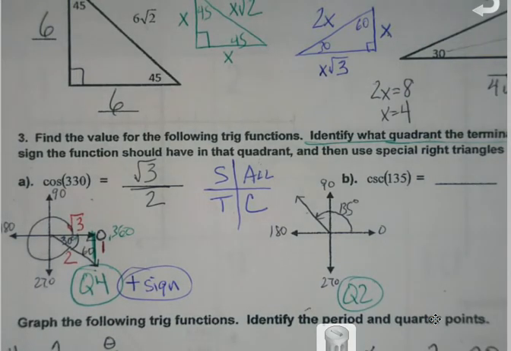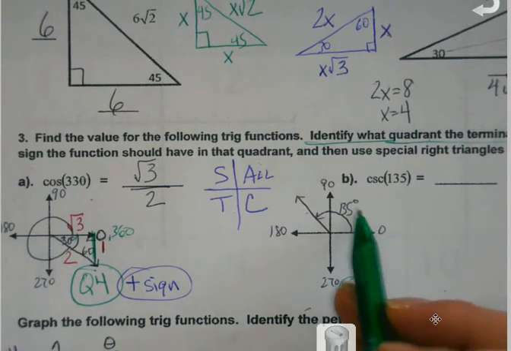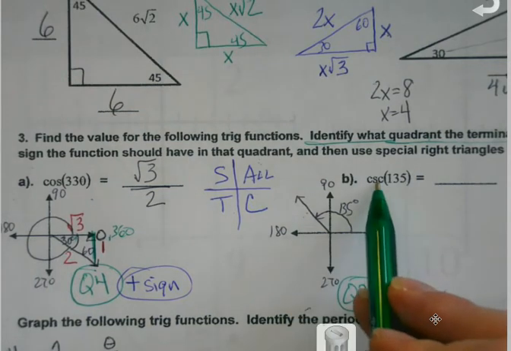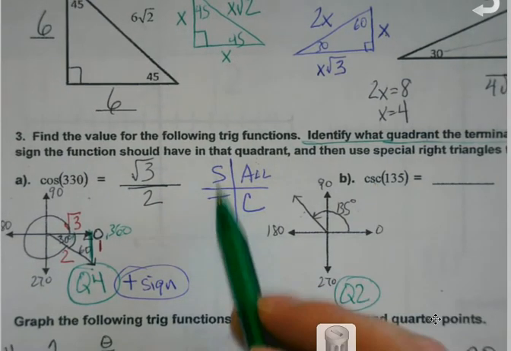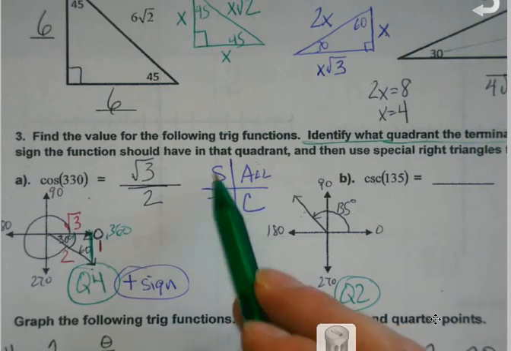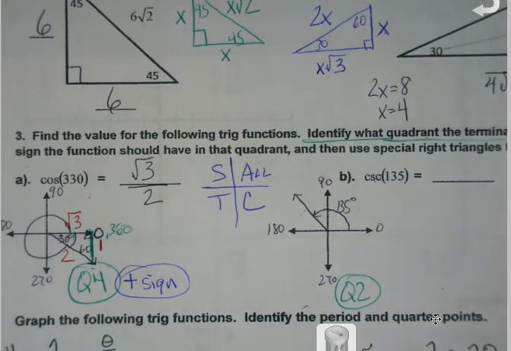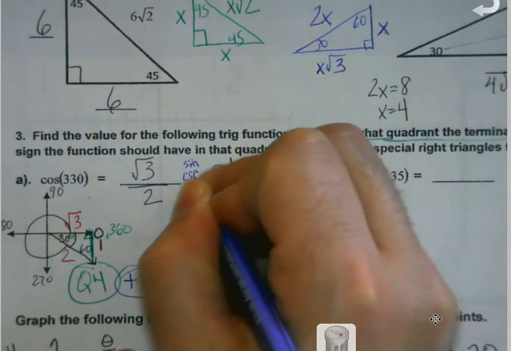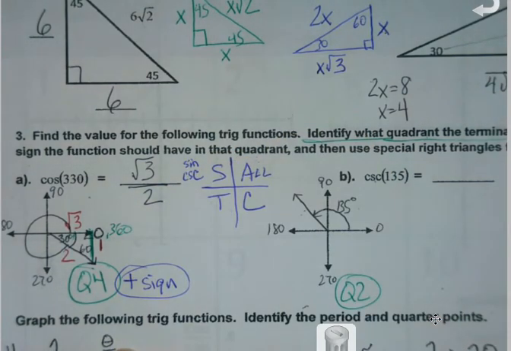I also notice all students, now be careful, cosecant, what's its base trig function? In other words, what's its inverse? Which one of these does cosecant go with? Sine. So when I'm thinking about these, this is going to be sine and cosecant.